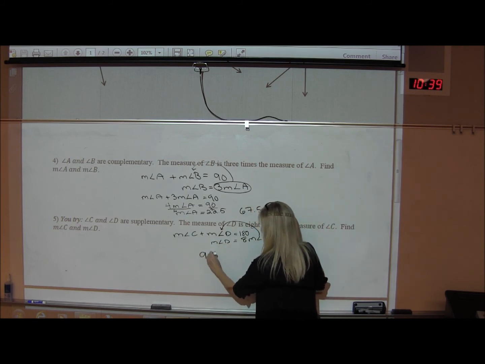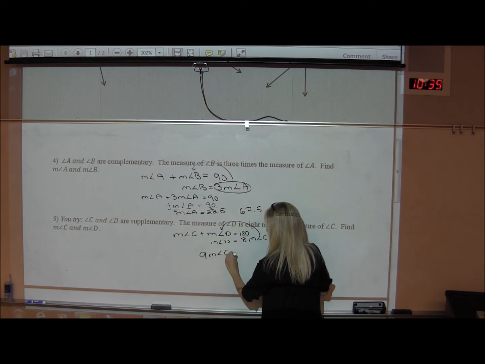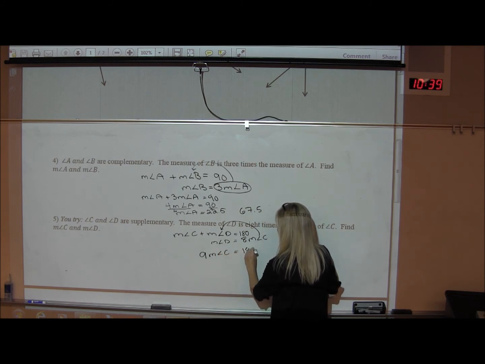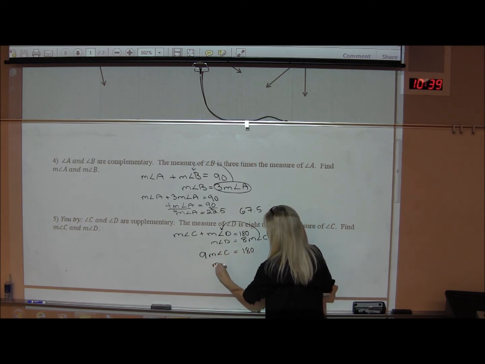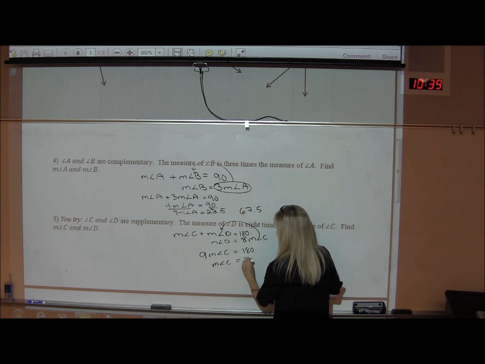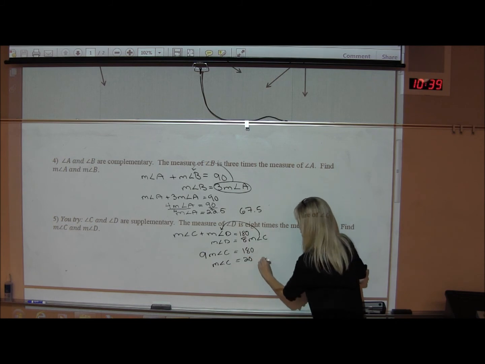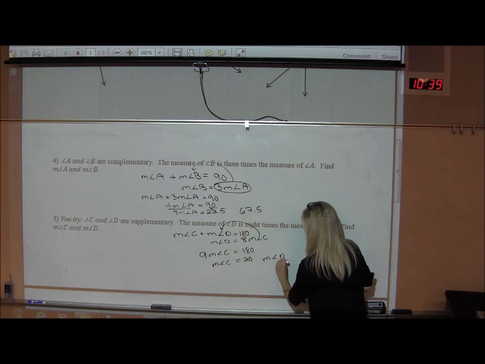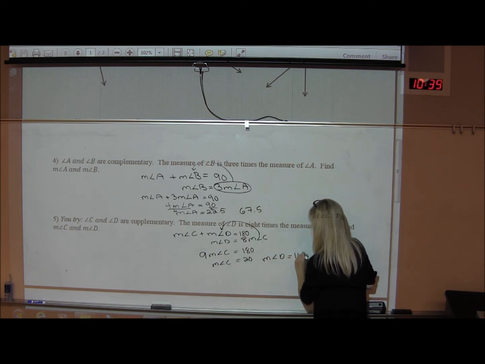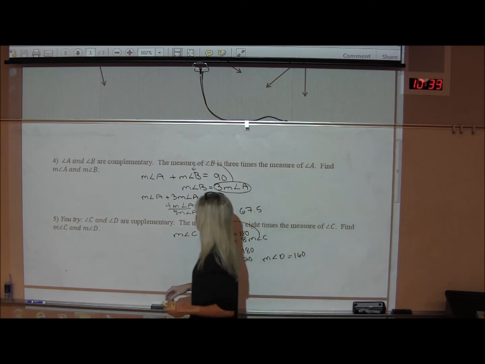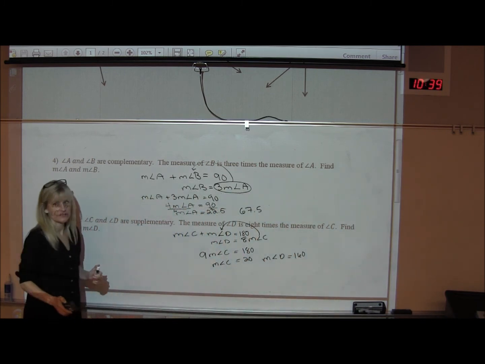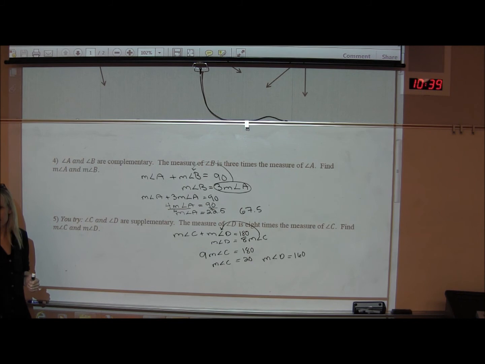You get 9 measure of angle C equals 180. So then the measure of angle C equals 20. And since they add up to 180, you know that the measure of angle D equals 160. All right. Any questions? Make sense?